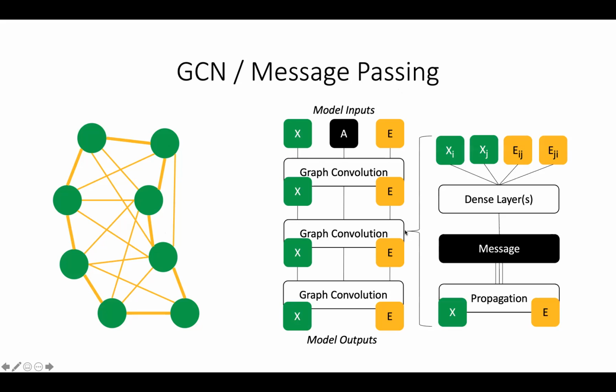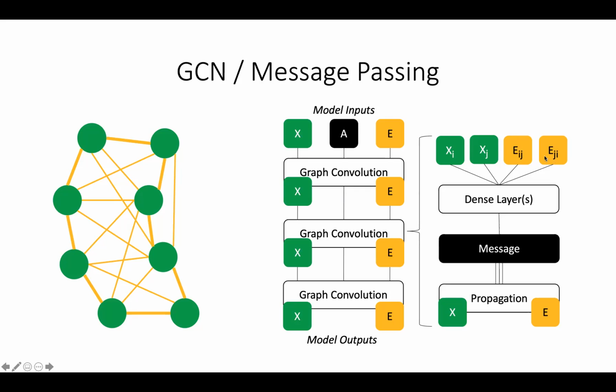within one convolutional layer, you would iterate over every edge. And then let's say this is edge from node I to node J. You would concatenate the node attributes of I, the node attributes of J, the edge attributes from I to J, and if there's an edge in the reverse direction, you would also add the edge attributes from J to I. I mentioned earlier that the edge data might be a coordinate frame transformation.